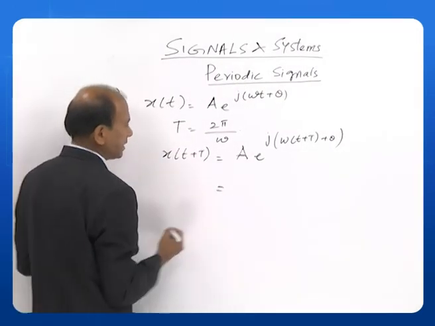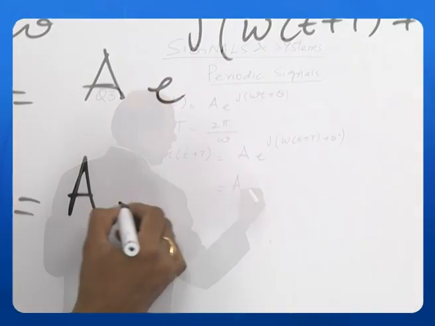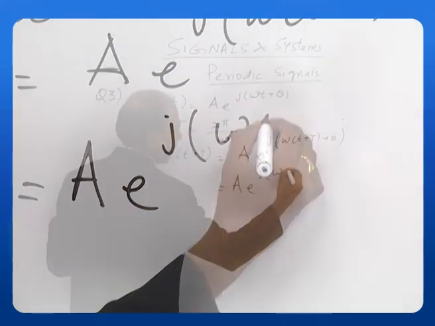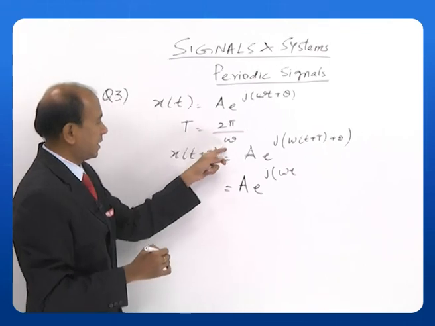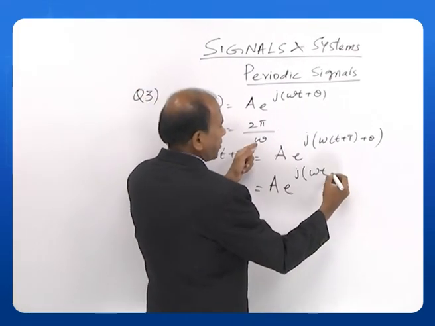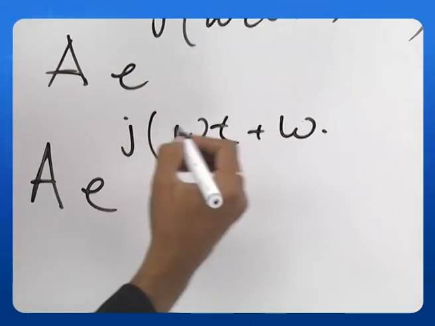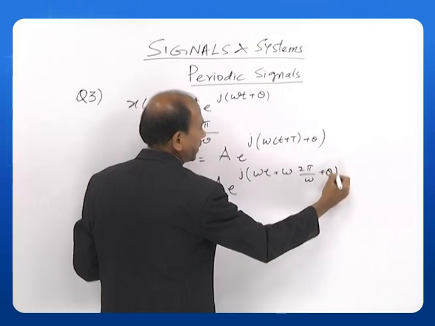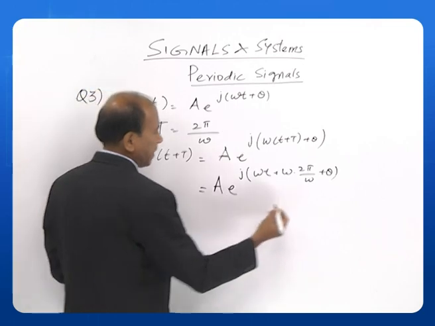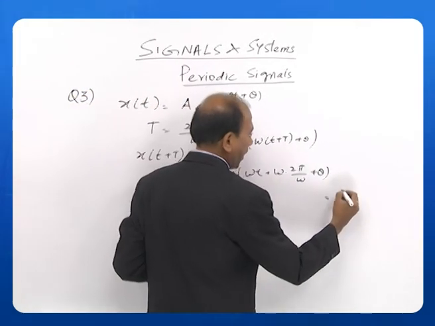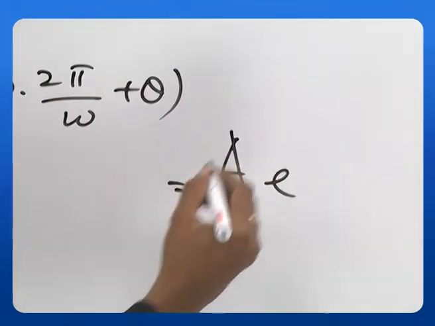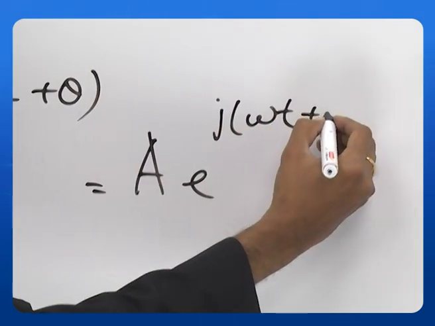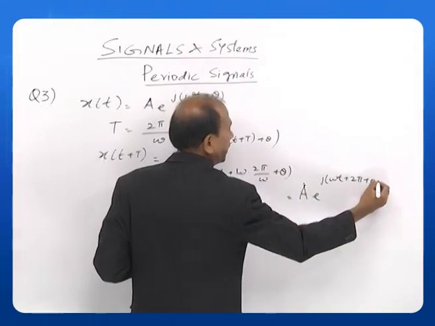Okay. So how much is this? This is equal to A e to the power of j omega t plus omega into 2 pi by omega plus theta. So this will be equal to A e to the power of j omega t plus 2 pi plus theta.